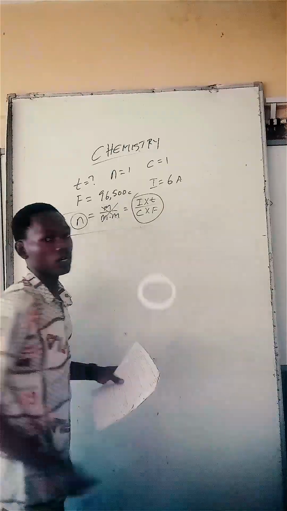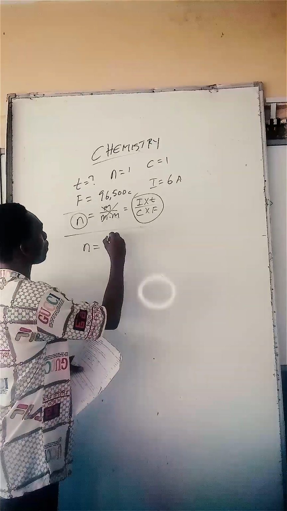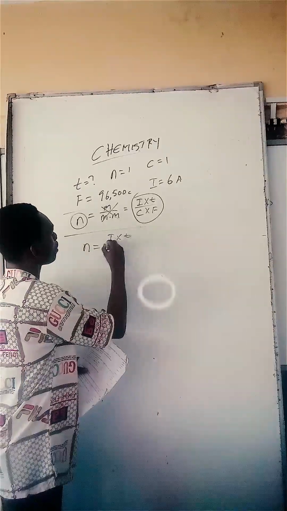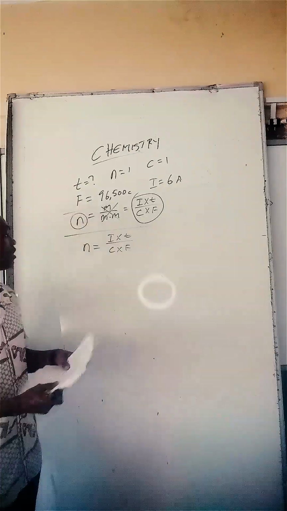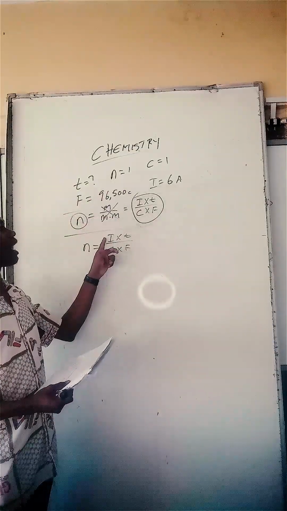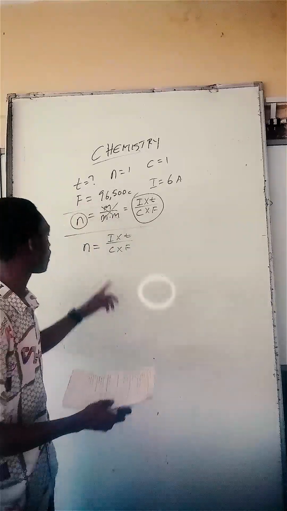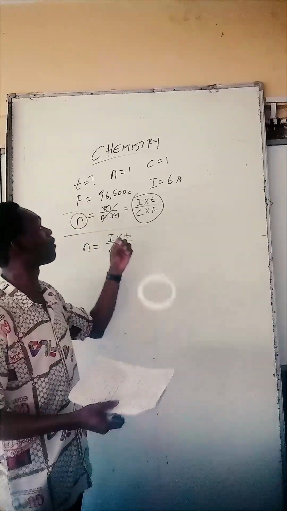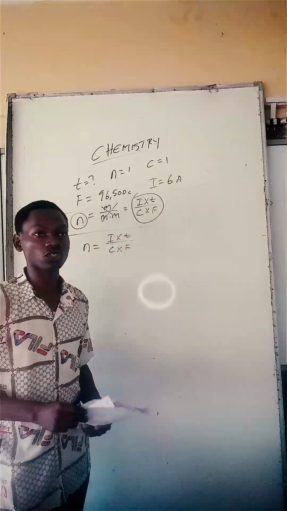So the formula we are adopting from that is N equal to I times T all over C times F, where our N is the number of mole, which is 1, I is the current, T is the time which we are asked to find, C is the valency of the particular metal, which is 1, and F is the Faraday's number.